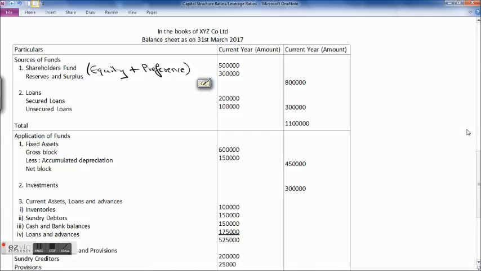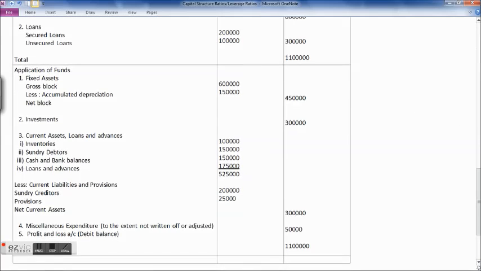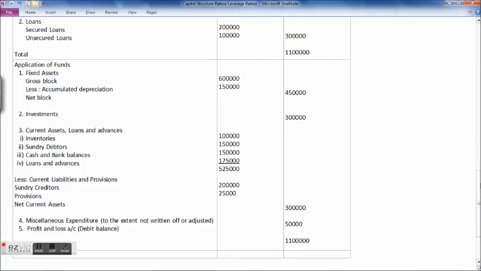Then you have application of fund. Under that you have fixed assets: gross block less accumulated depreciation gives a net block of 4,50,000. Then investments, which are long-term investments, come to 3 lakhs.